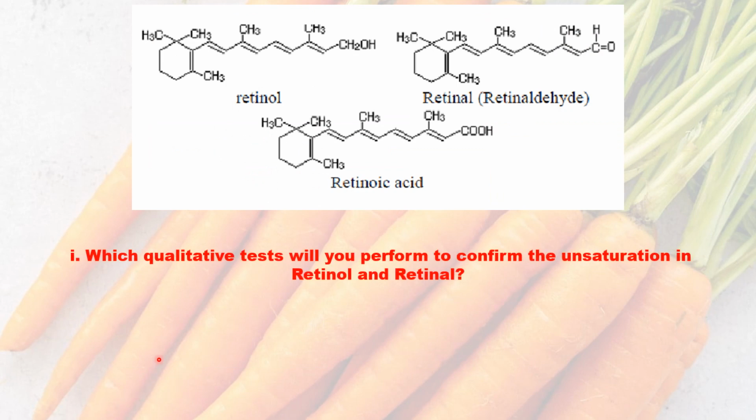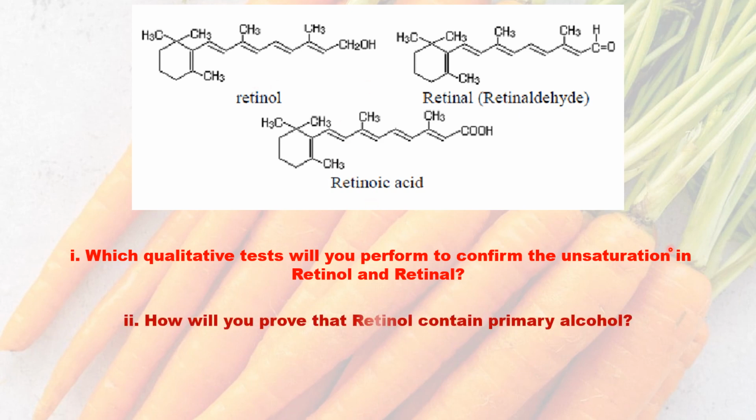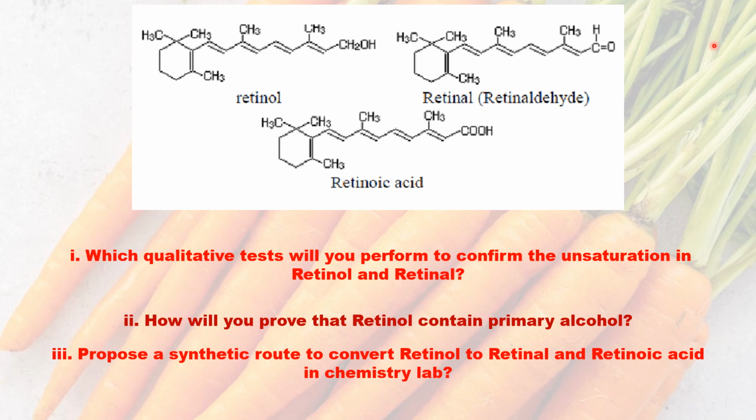First problem is, which qualitative test will you perform to confirm the unsaturation in retinol and retinal? Second question, how will you prove that retinol contains primary alcohol? Third one, propose a synthetic route to convert retinol to retinal and retinoic acid in the chemistry lab.